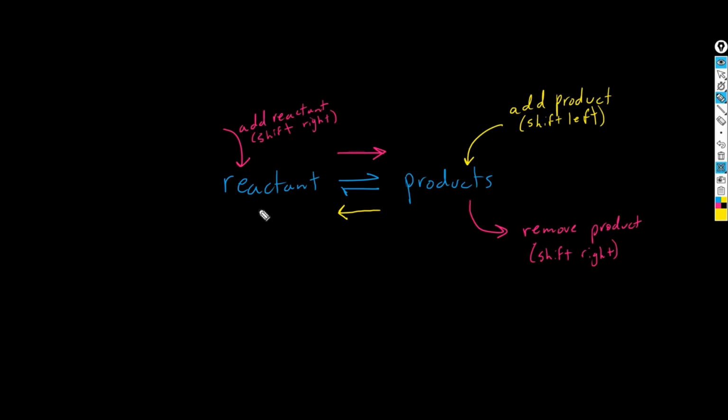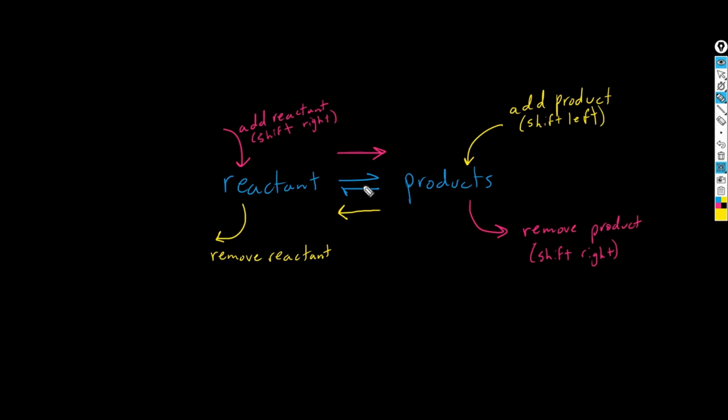Reversely, same thing with the reactants. If we remove reactant, and if there are multiple reactants, it doesn't matter which one we remove, if we lower the concentration of the reactant, then Le Chatelier's principle says we need to shift this equilibrium to make more of that reactant.